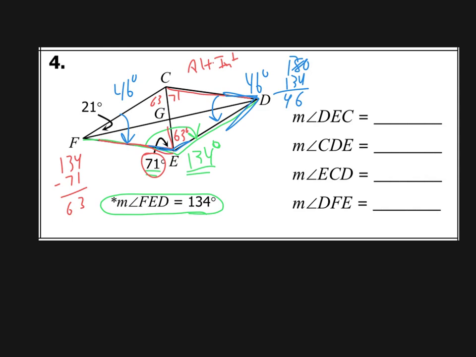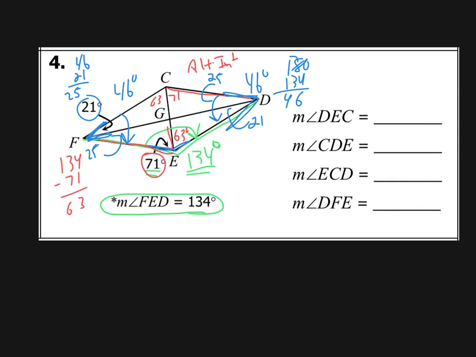And because this little piece is 21 on the upper section, angle CFG, then 46 minus 21 is going to be 25 degrees. So then this angle right there is 25 degrees. That 25 is alternate interior, so right here is the 25, and right here is the 21. Right? Alternate interior on the inside here.